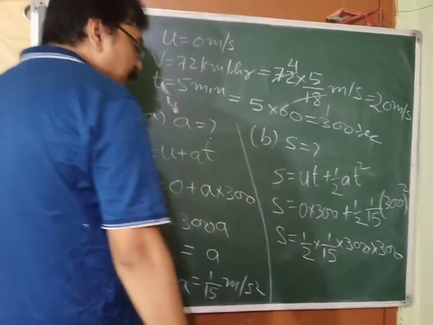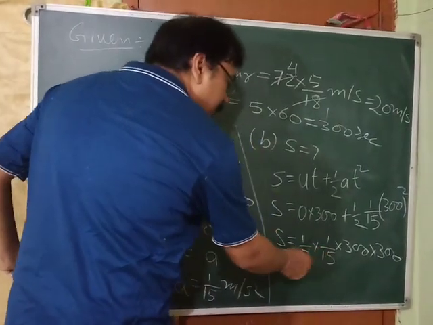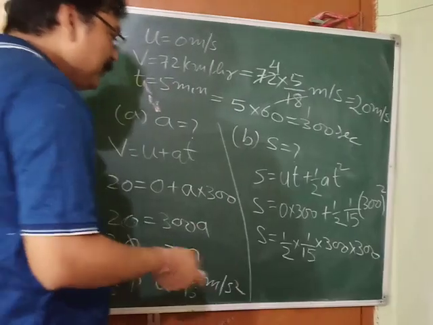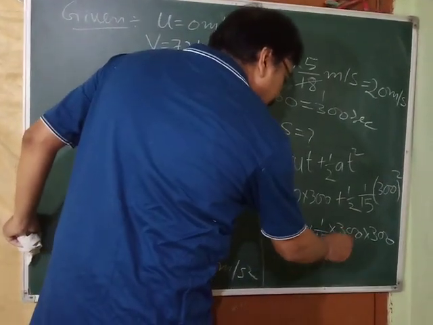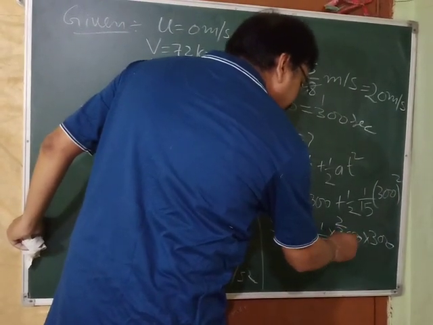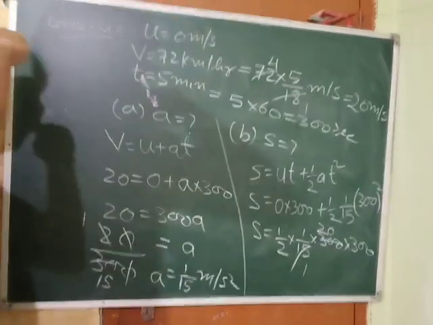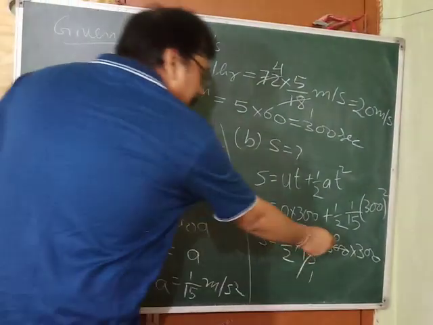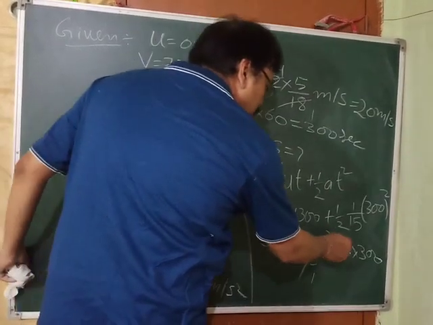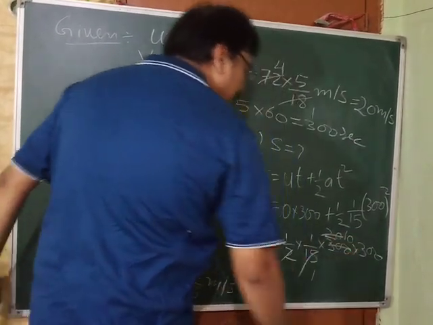Now 15 ones are 15, 15 twos are 30, 30 with the 0 left is 20. Now can you cancel it by 2? 2 ones are 2, 2 tens are 20.